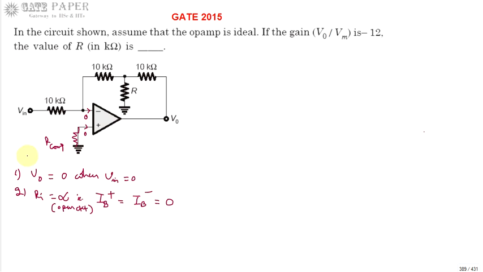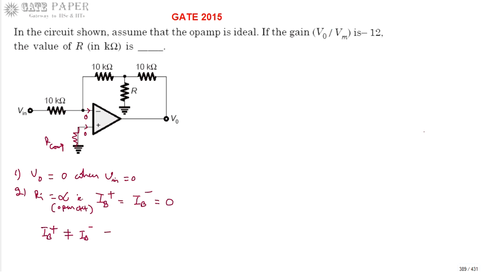By placing the R compensation resistance at the non-inverting terminal of the op amp, we can nullify the input bias current effect. But that effect is completely eliminated only when IB plus is equal to IB minus. In general, bias currents IB plus is not equal to IB minus.